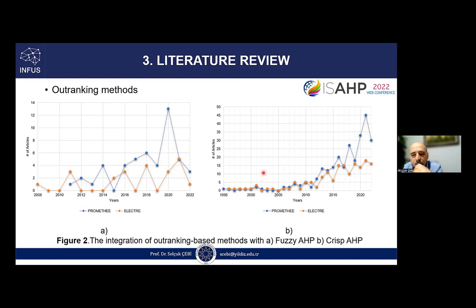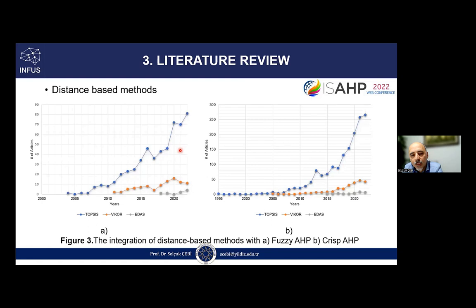It is revealed that the studies gained momentum after 2006 for both crisp and classical AHP and fuzzy AHP methods. Furthermore, AHP studies are drastically more numerous than fuzzy studies, including integration of the outranking based methods.